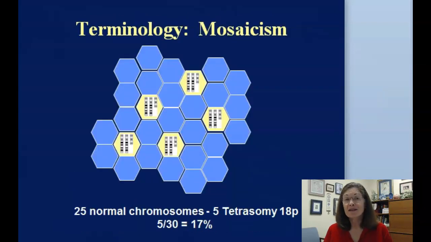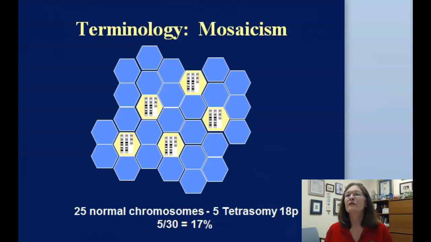On top of all that, there's also mosaicism. This happens when there is more than one cell type in the body. In this cartoon, each of these little hexagons is supposed to represent a cell. The blue ones have normal chromosomes. The yellow ones in this case have tetrasomy 18p. So if this were someone's cells, let's say a skin sample, there are 25 normal cells and 5 with tetrasomy 18p.